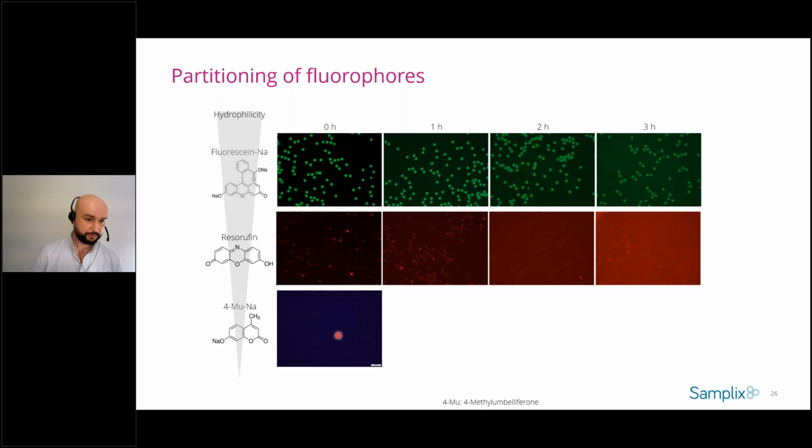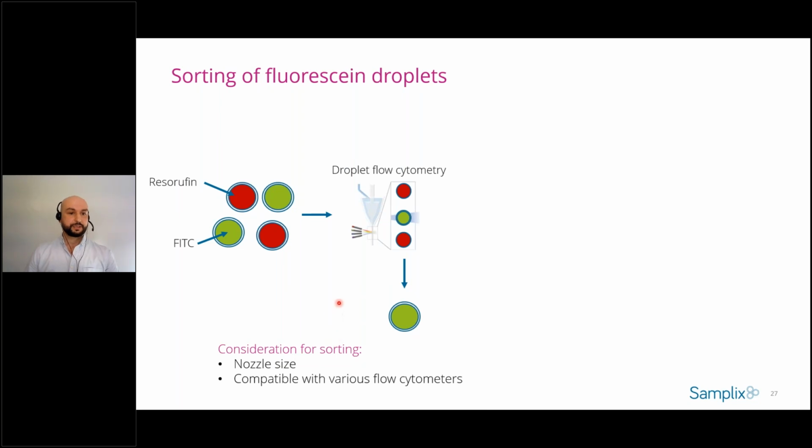In comparison, for example, to 4-methylumbelliferone, which directly leaked out. So after knowing which substrate we could use that also stays inside the droplets, and knowing that the droplets are stable, we went over to sorting droplets.